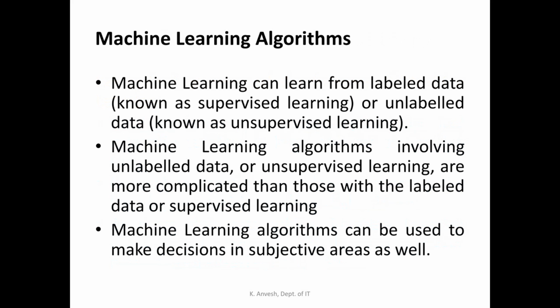Machine learning algorithms: machine learning can learn from labeled data, known as supervised learning, or unlabeled data, known as unsupervised learning. Machine learning algorithms involving unlabeled data are more complicated than those with labeled data. Machine learning algorithms can be used to make decisions in subjective areas as well.